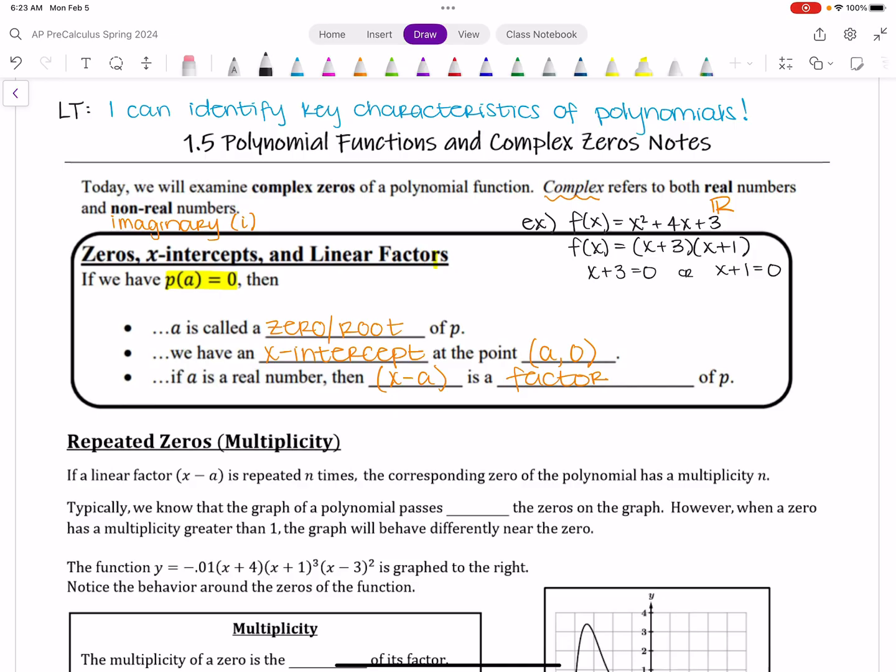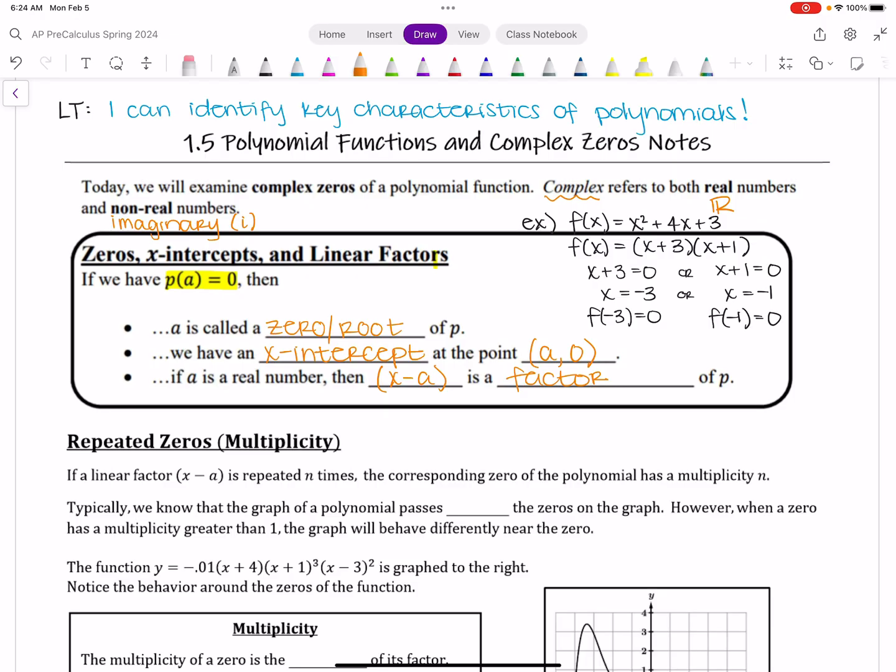And if we subtract 3 on both sides, we get x equals negative 3. If we subtract 1 on both sides, we get x equals negative 1. So that would mean f of negative 3 equals 0 and f of negative 1 equals 0.